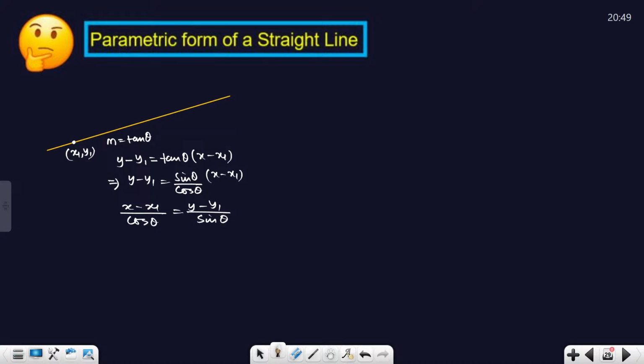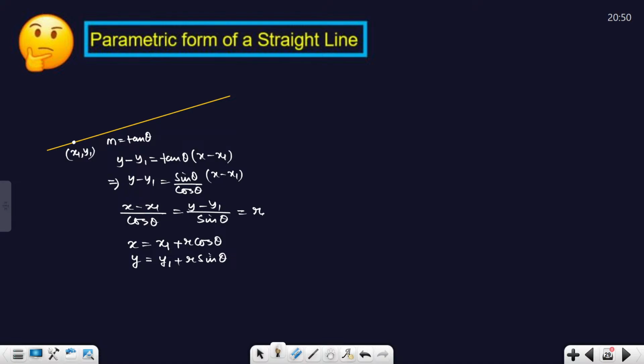But now the parametric thing is that let me write this thing as r. So your x will come to what? x and y is any point on this straight line. Your x is coming to x1 plus r cos theta, and your y is coming to y1 plus r sine theta. Is it clear? xy is any point on this line.